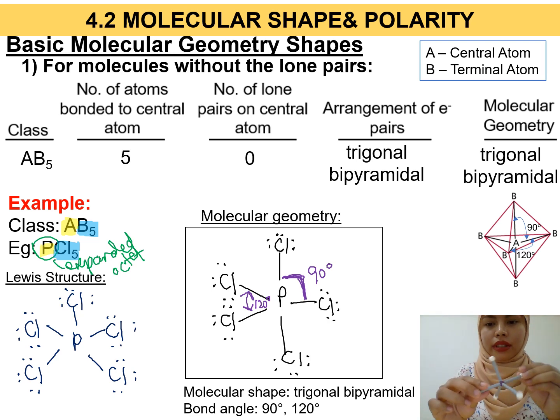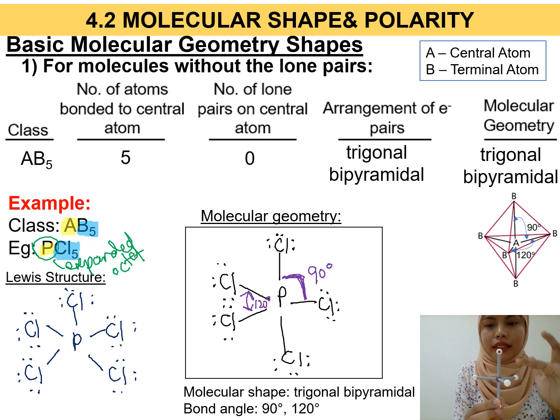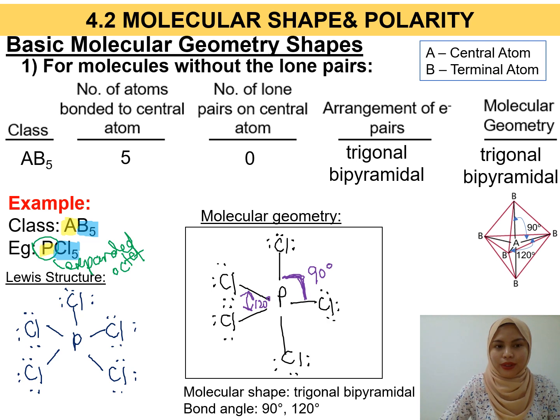Okay, so pyramid yang pertama macam ni lah. So bila Miss buat begini, you boleh nampak ke? I tak tahu lah. Pyramid yang pertama ialah di atas ni. Okay, pyramid yang kedua ialah di bawah ni. Okay, so it will look something like this. Okay, so let's move on to the next shape that you need to know.